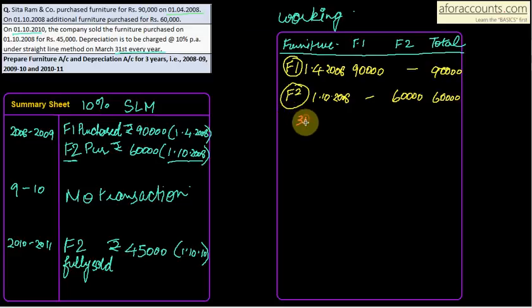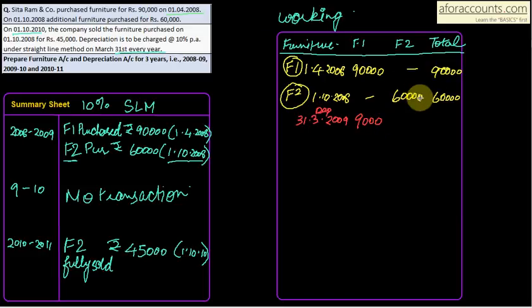So 31/3/2009, your depreciation. Now it is on straight line method. So depreciation on furniture 1 will be 90,000 into rate 10%, so depreciation will be 9,000.